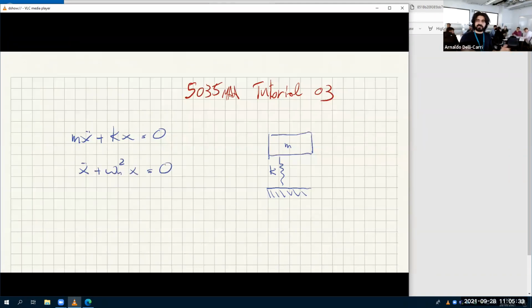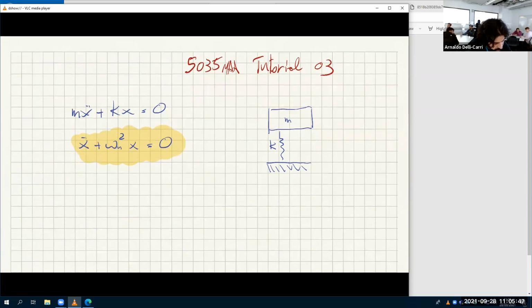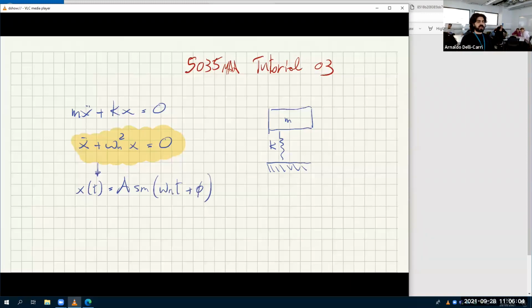Okay, so this is called the harmonic equation. This is what you have to know and remember, because many phenomena, physical and non-physical, can be described by this equation. And the solution of this equation, remember, is very simply x of t equals an amplitude A sine of omega n t plus phi, where A and phi are two constants that depend on the initial conditions.